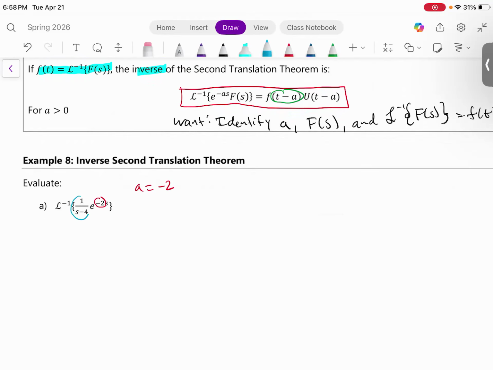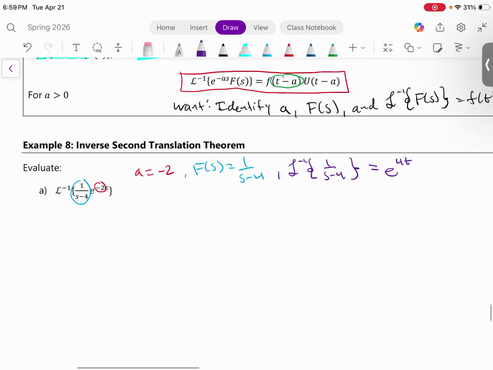I can figure out the Laplace transform: F of s is 1 over s minus 4. The third thing I want to figure out is the inverse Laplace of 1 over s minus 4. We should be pretty comfortable with this by now: it's e to the 4t. That e to the 4t is my f of t.